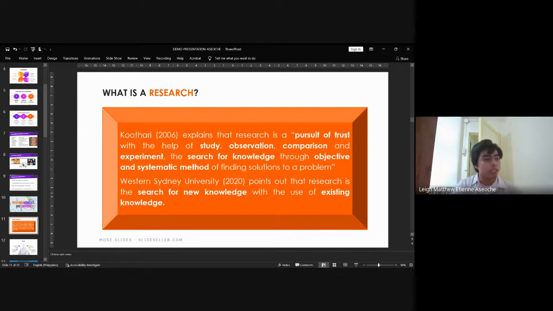Now, according to Western Sydney University in the year 2020, research is the search for new knowledge with the use of existing knowledge. So why are we searching for new knowledge? Because every day the world changes. And with these changes, there's always something new. So we have to learn something new as well.